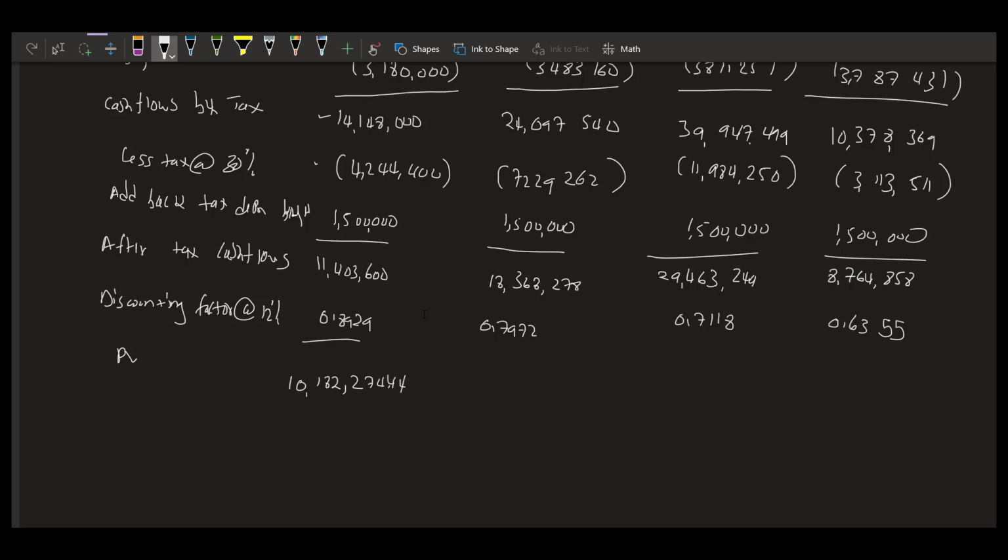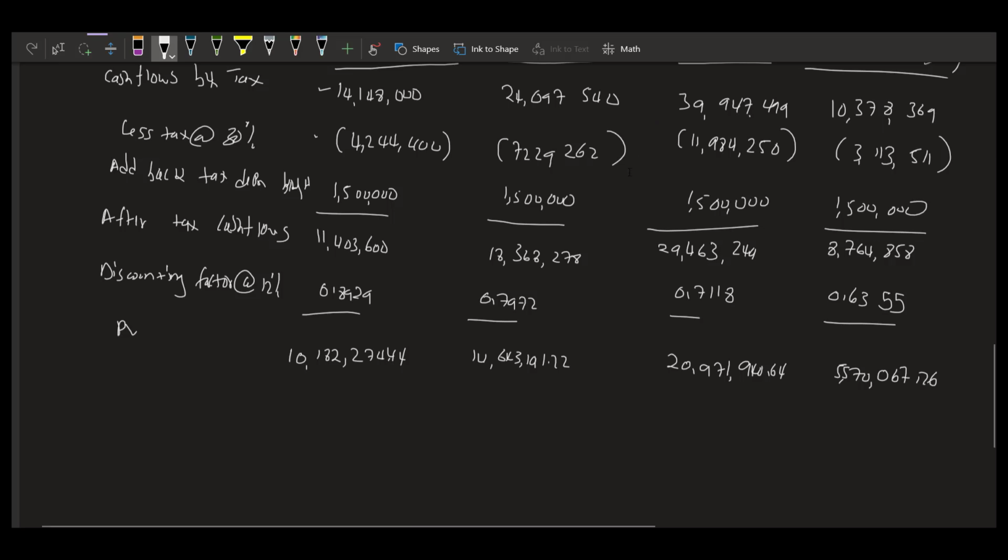I do that for each and every one of these, multiplying the cash flows by the discounting factor. Let me pause the video and we'll see you after I've multiplied each of these. We have multiplied all the discounting factors and the cash flows, giving us our present values.